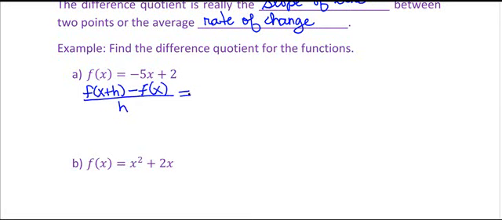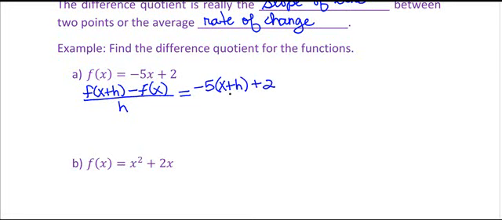Now you may recall in one of the earlier objectives we found f of x plus h for a function that I gave you. F of x plus h simply means to replace the x with x plus h. So in our function, in place of x, we're putting x plus h. We only have one occurrence of x, so we only replace it one time.